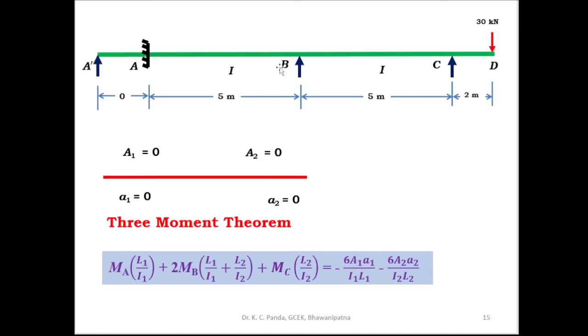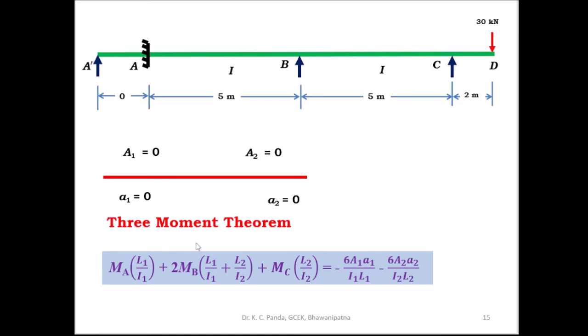As there is no loading on the span A dash A and AB, the free BMD, that is capital A1, is 0, and A2 is also equal to 0, and the small a1, the centroidal distance of this free BMD, is 0.